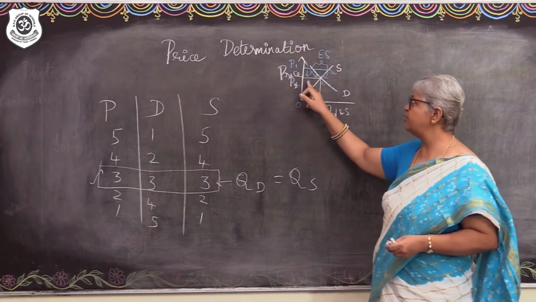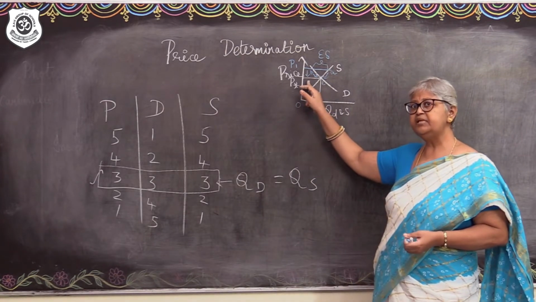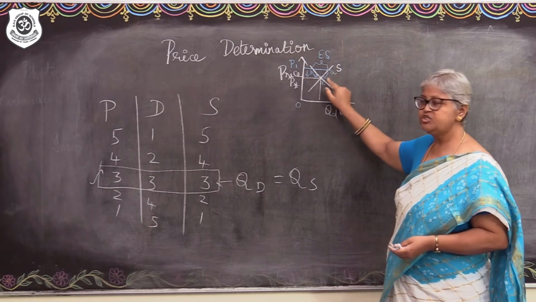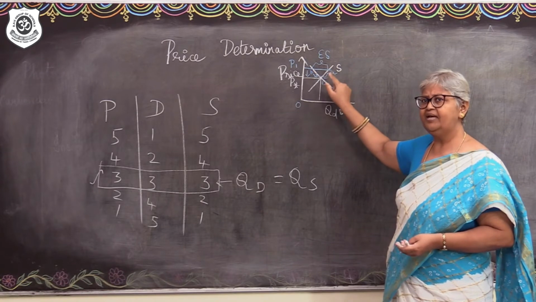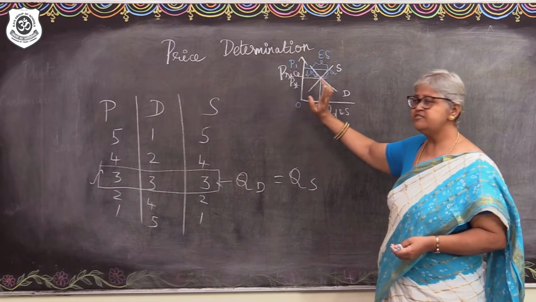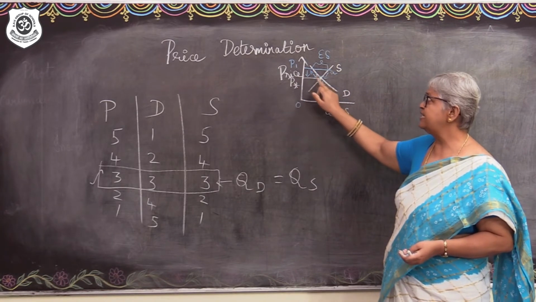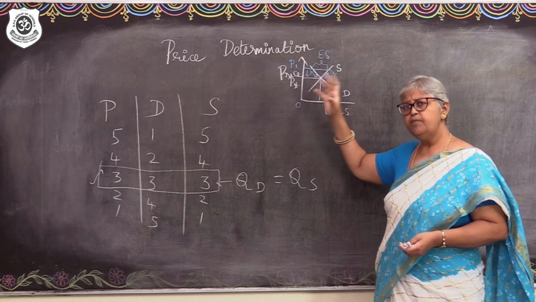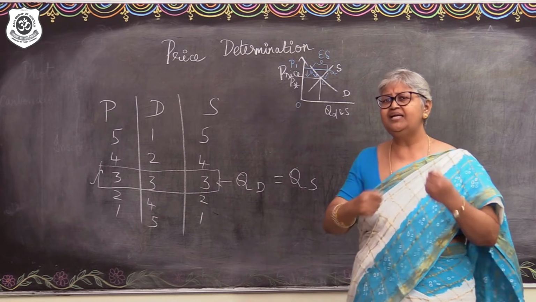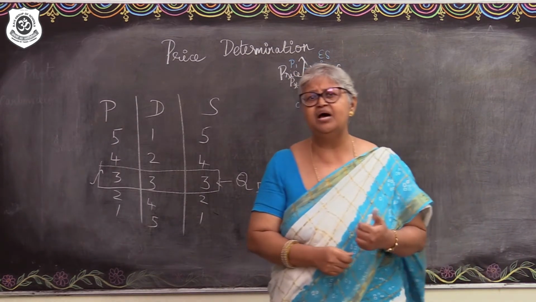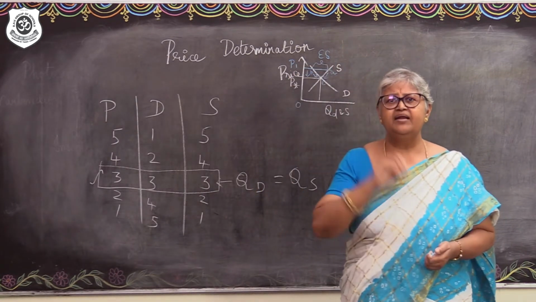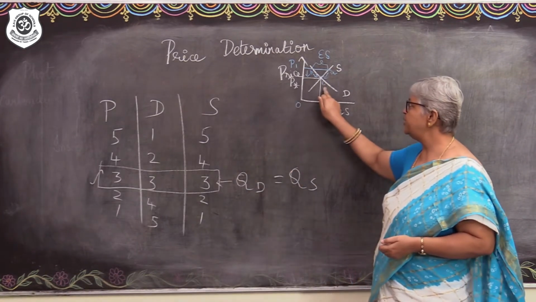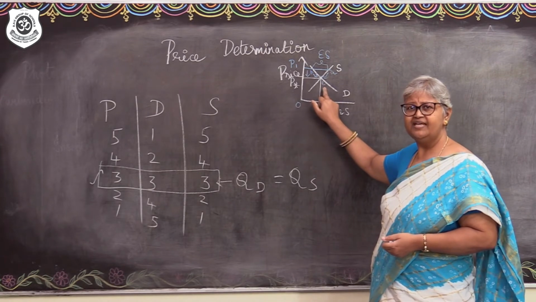So when the price is going to go down, as per the law of supply, there is going to be a contraction along the supply curve, and when the price falls, there would be an extension along the demand curve. So this kind of automatic adjustment will happen in the market, and the market price will come back to P star. You see this point E? Fine.